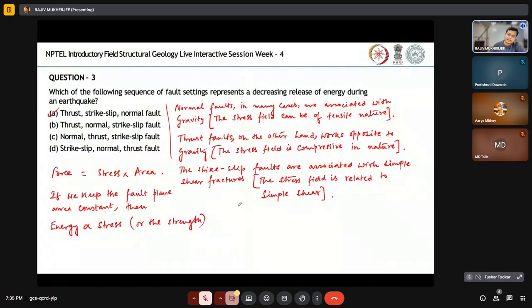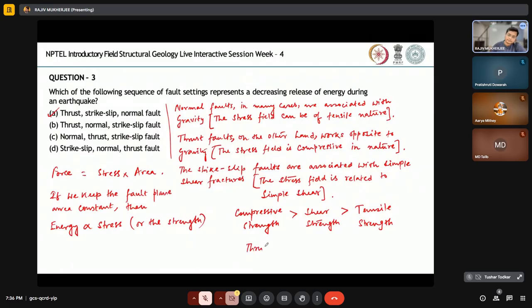right? And since compressive strength is greater than shear strength, which is greater than the tensile strength, that is why thrust faults.